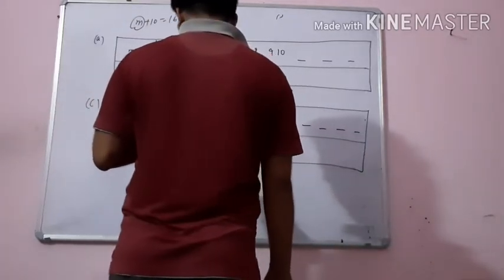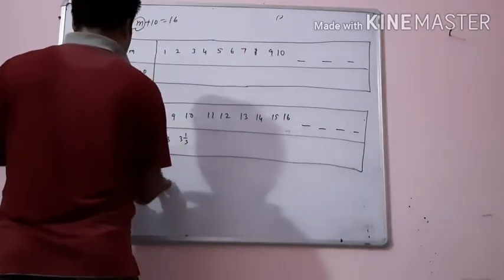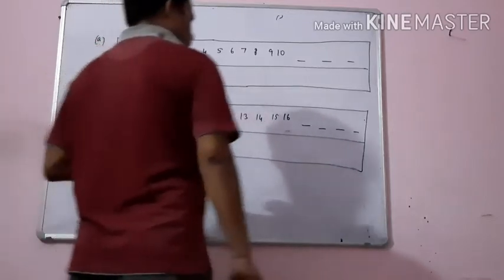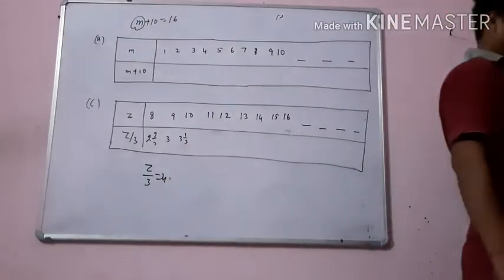And z upon 3 equals 4. We have to find the value.